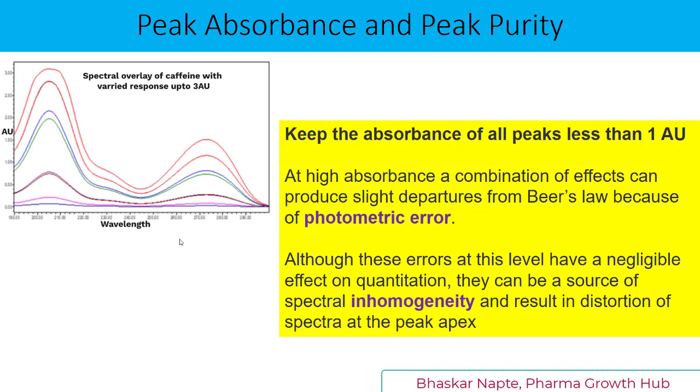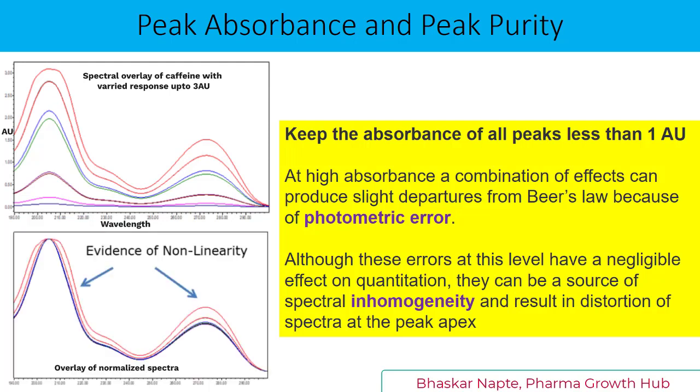Now here is an example where a caffeine solution was injected at varied concentrations to achieve a response of up to 3 AU. So can you see the UV spectra? Now these are all UV spectra of the caffeine. The UV spectra are quite okay with the lower concentration, but as the concentration increases, the response also increases. And if you look at the top spectrum over here, it has actually plateaued, got saturated.